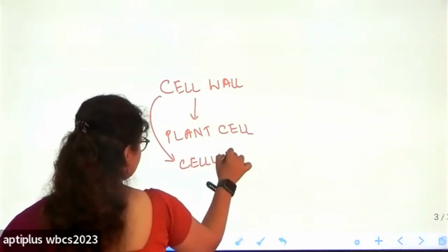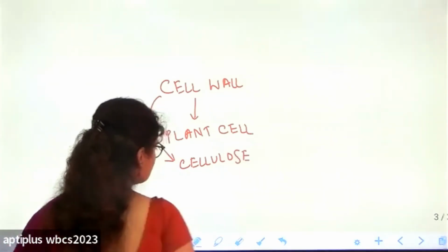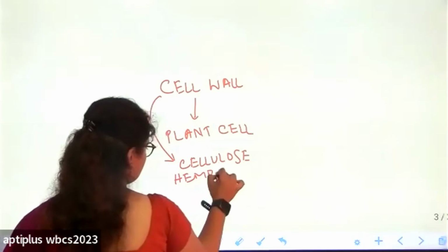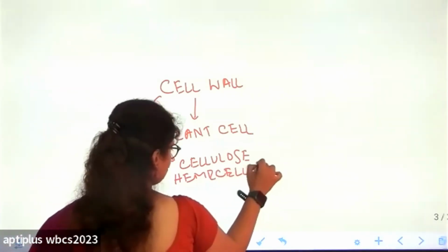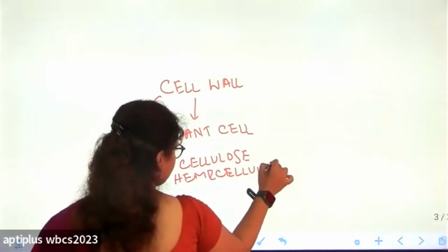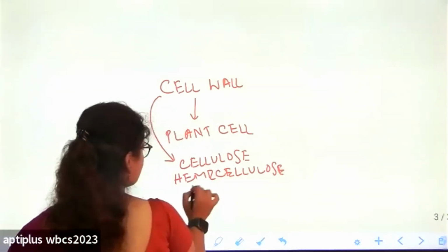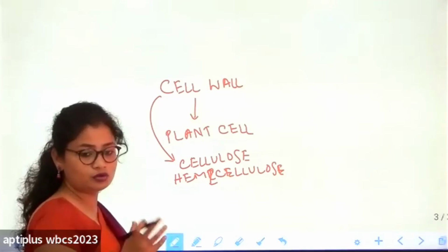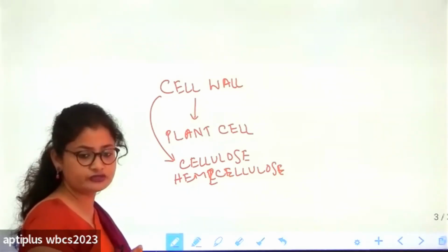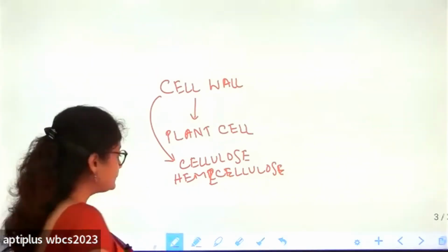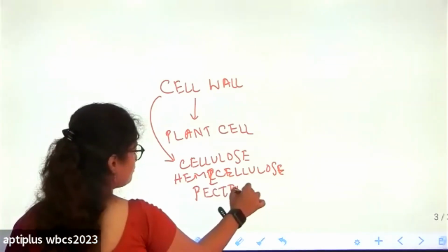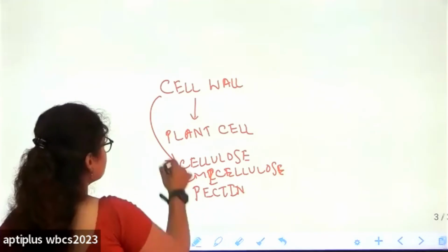The main component of cell wall is cellulose, and we also have hemicellulose and a little bit of pectin. But the main thing, cellulose and hemicellulose are slight chemical modifications of each other, so they are mainly the same thing. And a little bit of pectin is also present whenever we are talking about the chemical constitution of the cell wall.